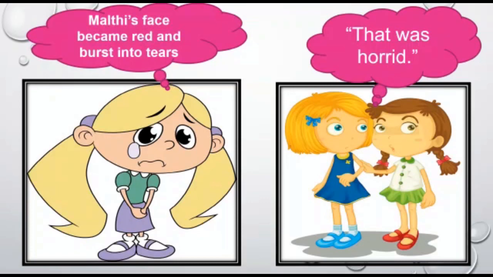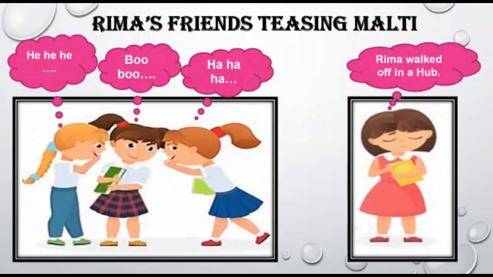You can see they're saying, horrid. Rima also felt guilty about her bad behavior and understood her mistake. She didn't express it to anyone, not even to her parents. She was too proud to admit it even to herself.